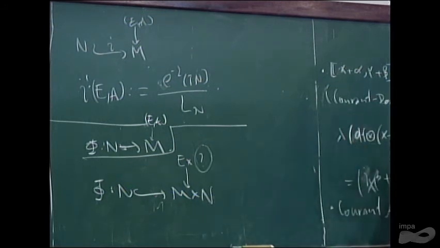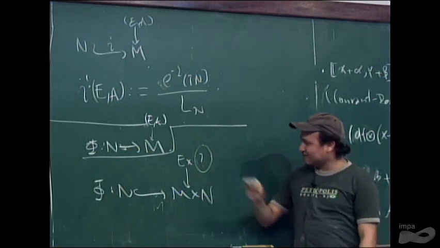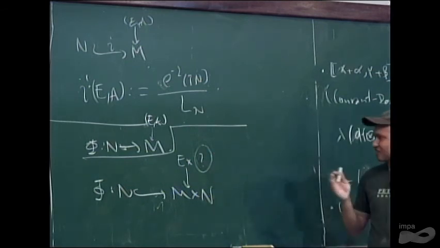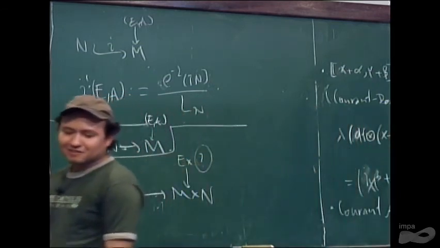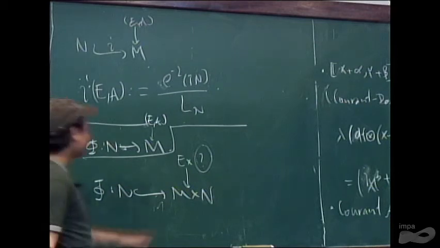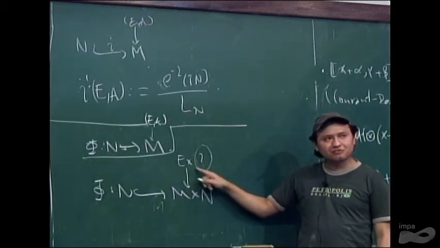To define the pullback operation, you first have to have some type of generalized tangent space in here. This is a problem. You have to say what to put in here, and after that, how to make this product.